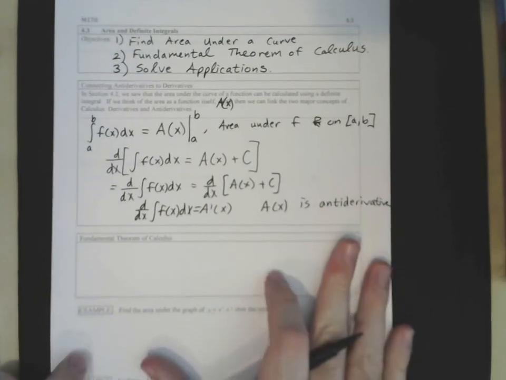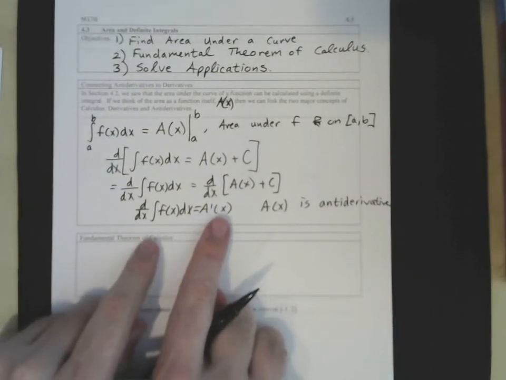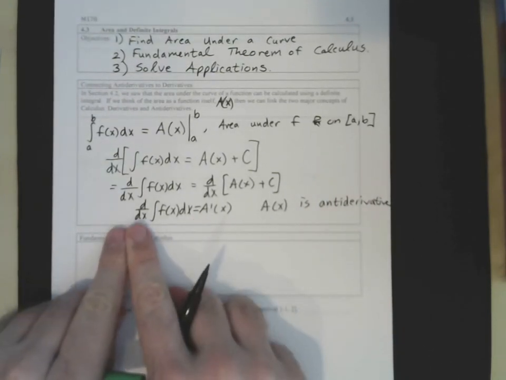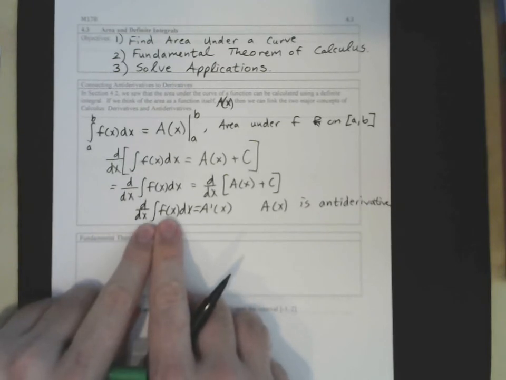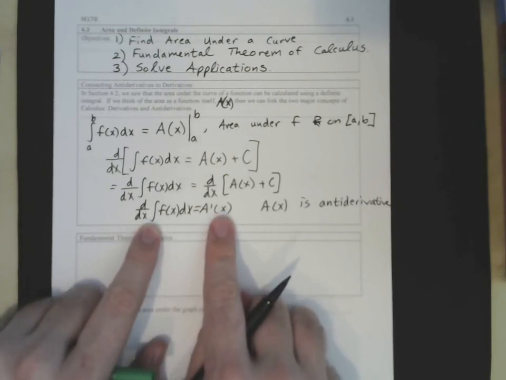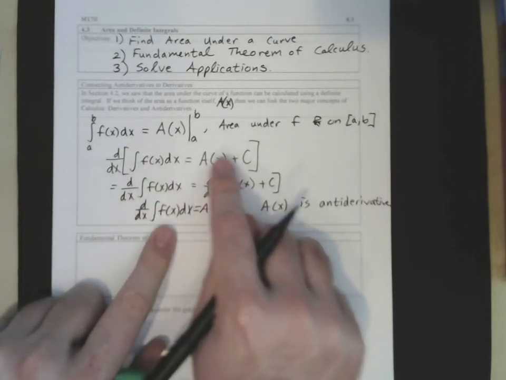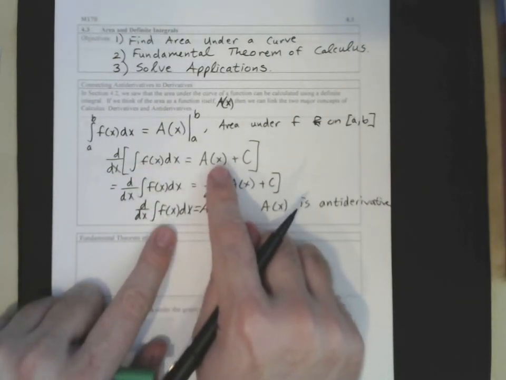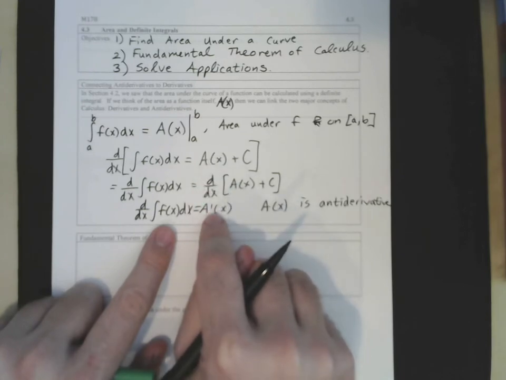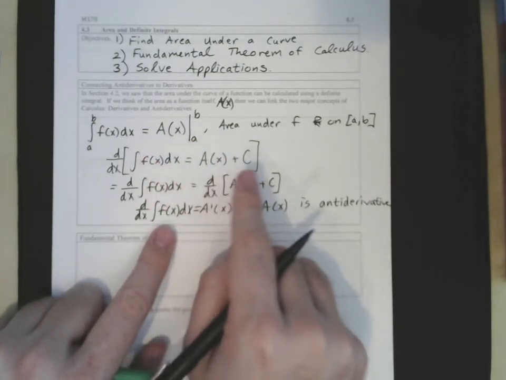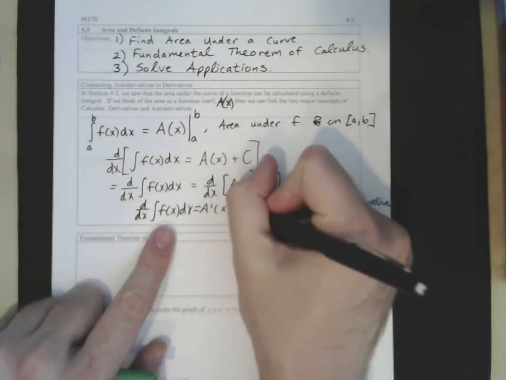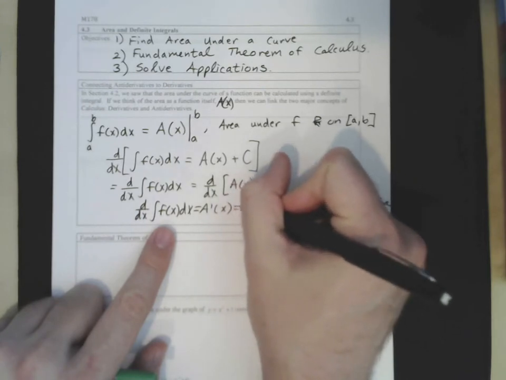And while we may have already guessed at that, the big takeaway here is that when you take the derivative after you've integrated, you get our original f of x. Because if the antiderivative of f of x is A of x, then the derivative of A of x should go backwards. We should undo, and we should be left with f of x.